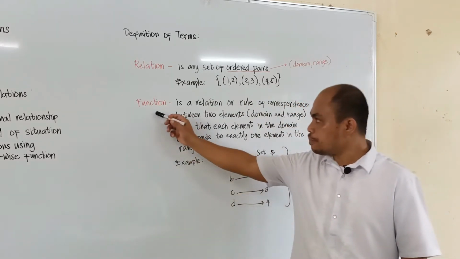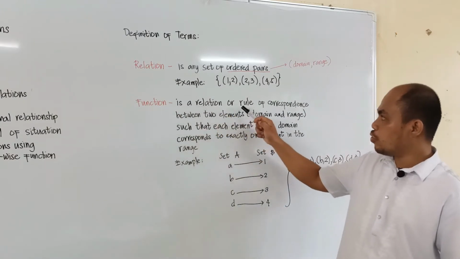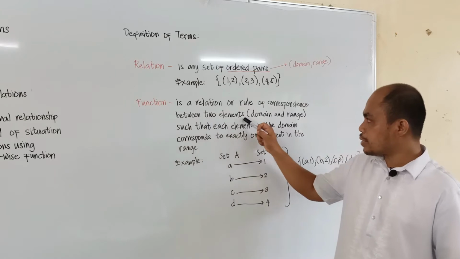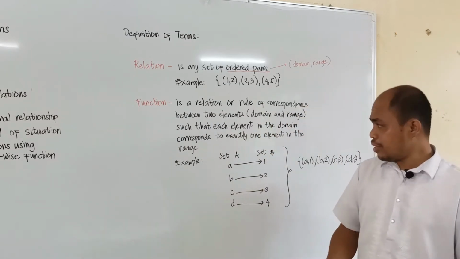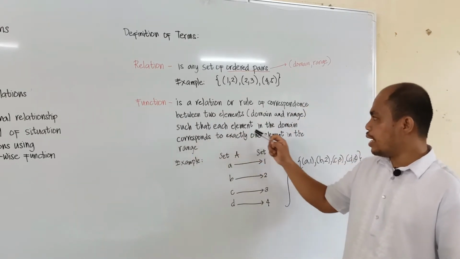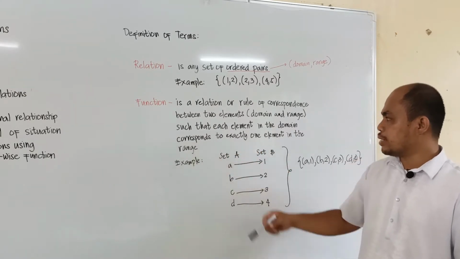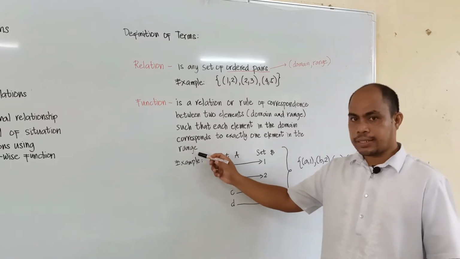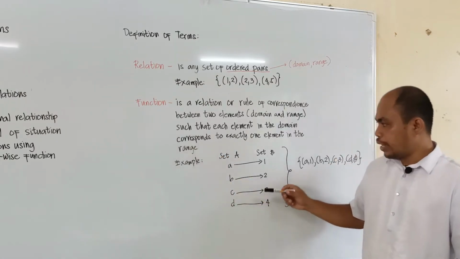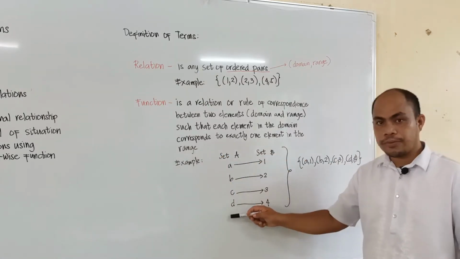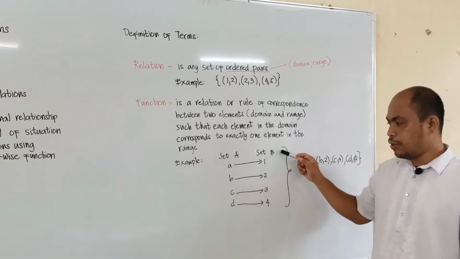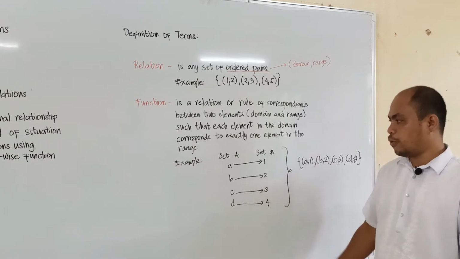Now, a function is a relation or rule of correspondence between two elements like domain and range, such that each element in the domain corresponds to exactly one single element in the range. Let's see the example. We have set A, a set of alphabet letters from A to D, and set B, numbers from 1 to 4.